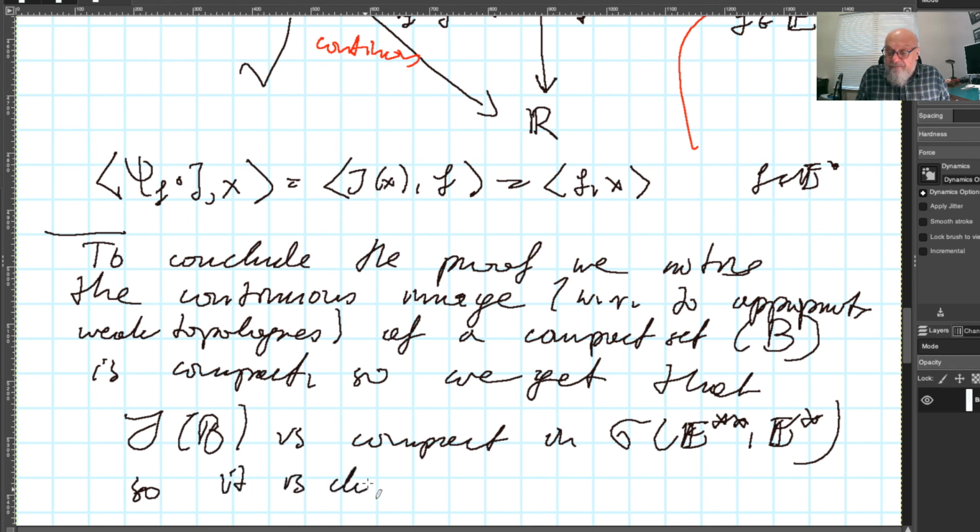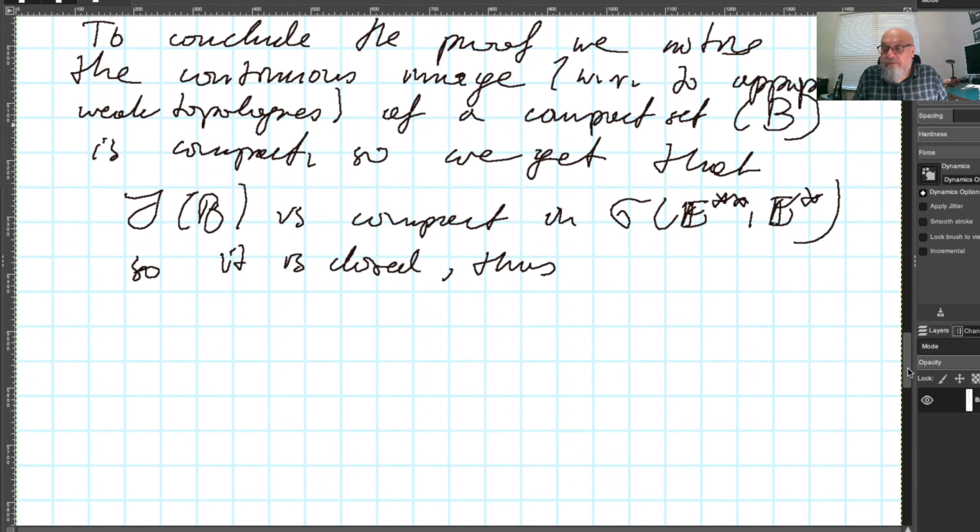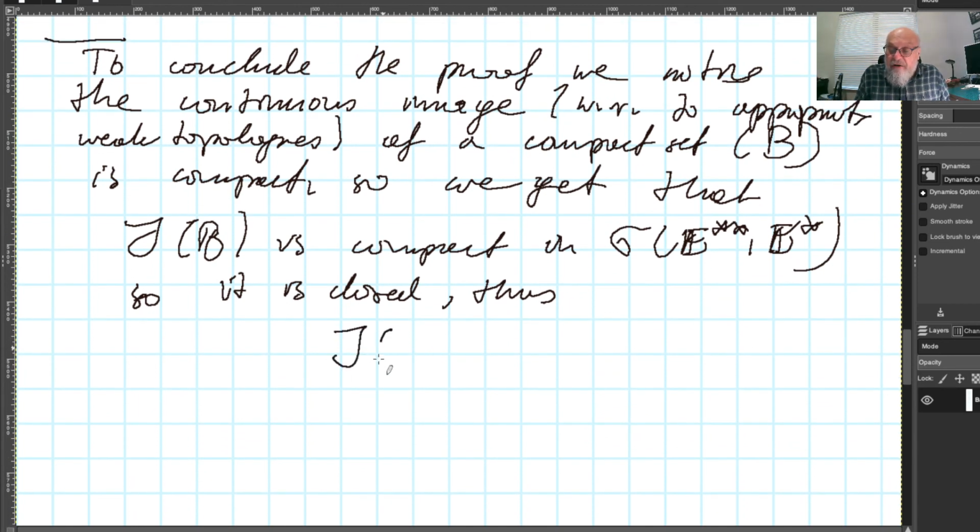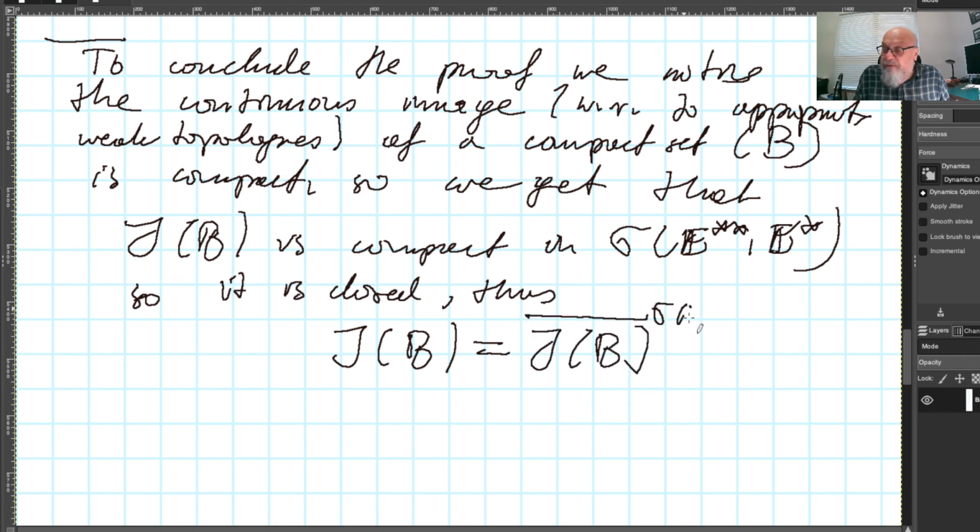Thus J of B is equal to its closure with respect to this topology, E double star, E star. But this closure, by Goldstine's lemma, lemma number 2, is nothing else than the ball of that one.